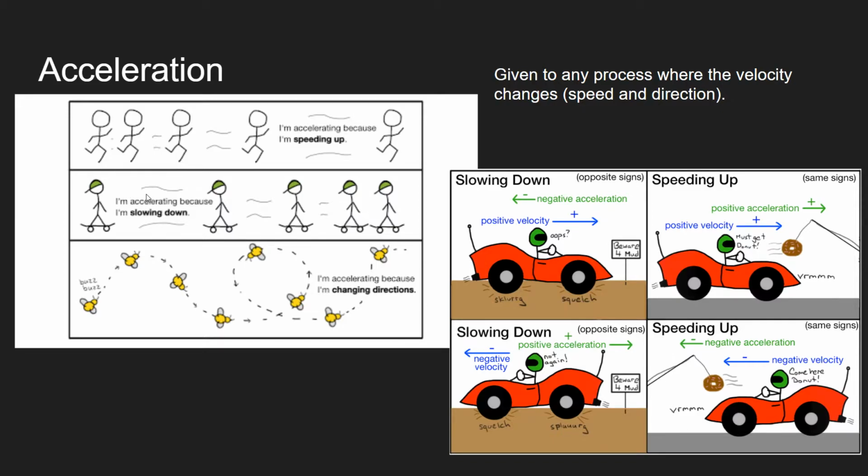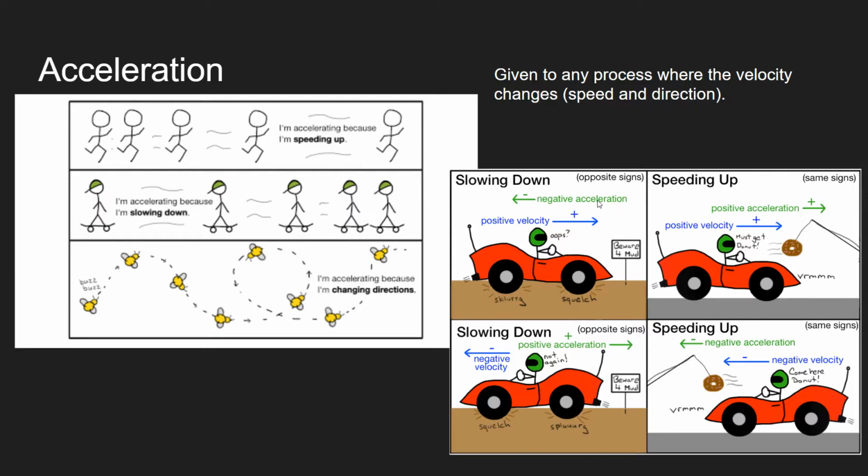Absolutely, it's going down as well, yet the direction is still the same. What about this little bumblebee? It's changing because he's changing directions. The rate at which he's flying is the same, so his speed is the same, but he's changing the direction in which he goes. And so therefore acceleration is changing as well. So this kind of shows you that right there.